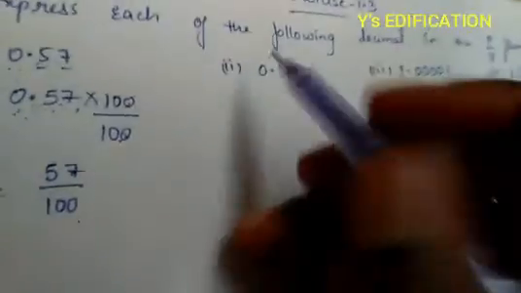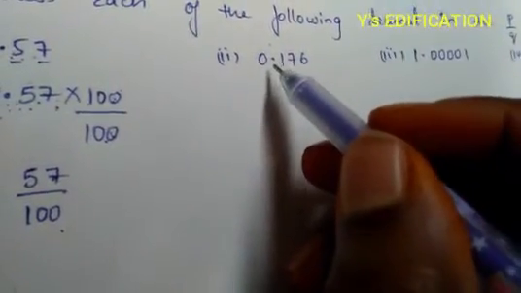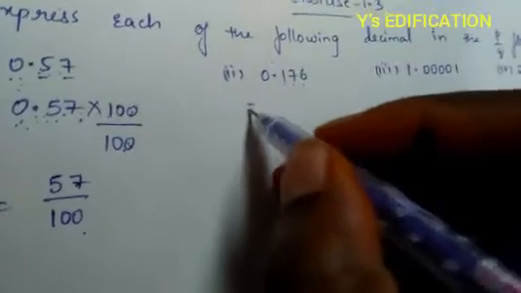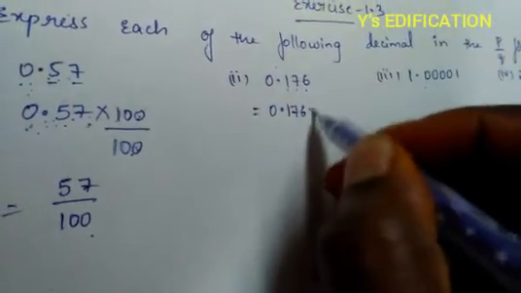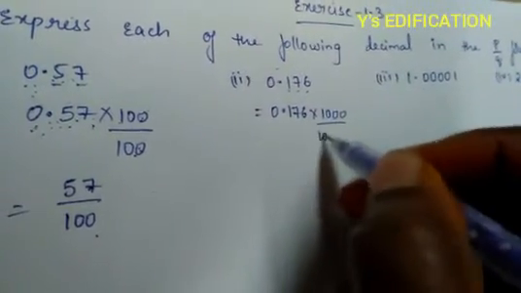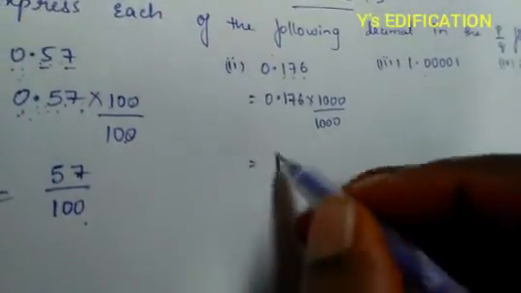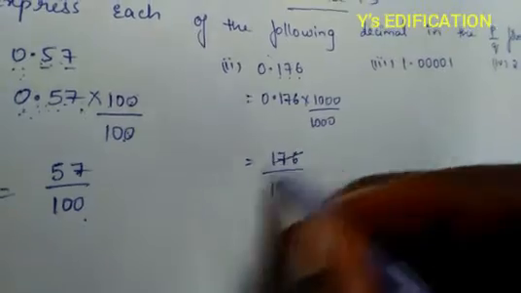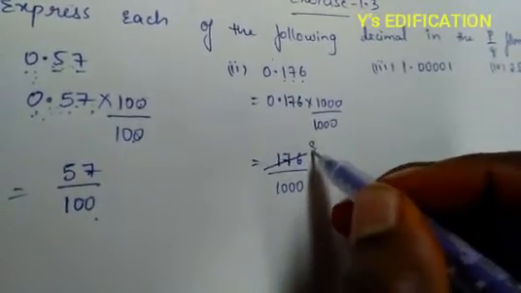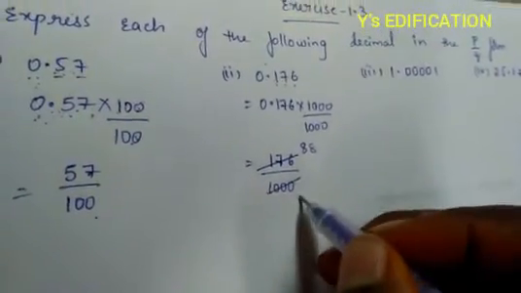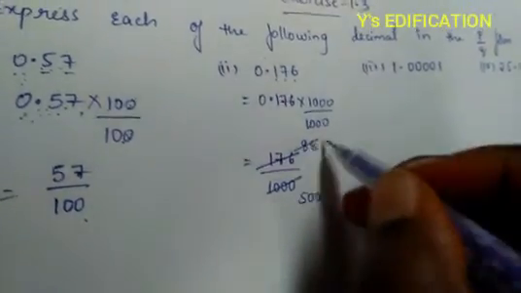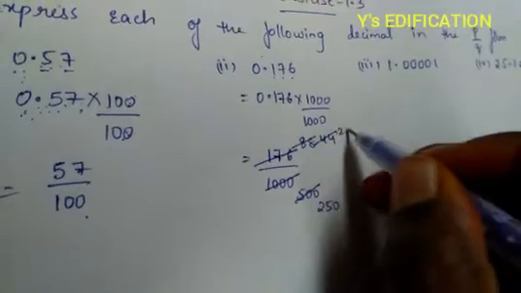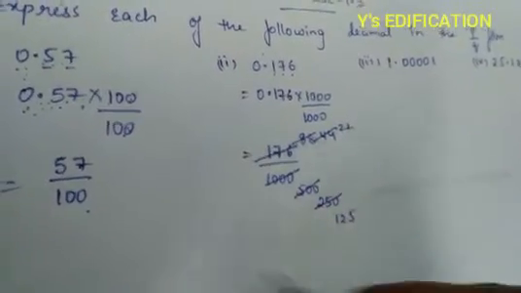Let us see the next one, 0.176. After the decimal point, 3 digits are there, so we have to divide and multiply with 1000. So 176 by 1000, we can cancel it with the 2 table: 2 into 88, 2 into 500, 2 into 44, 2 into 250, 2 into 22, 2 into 125.